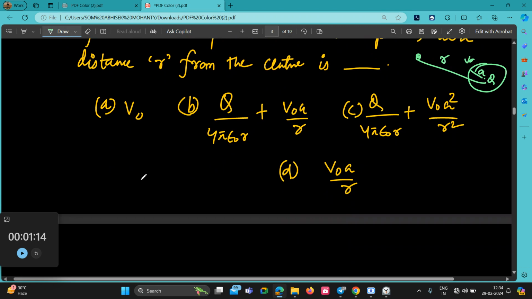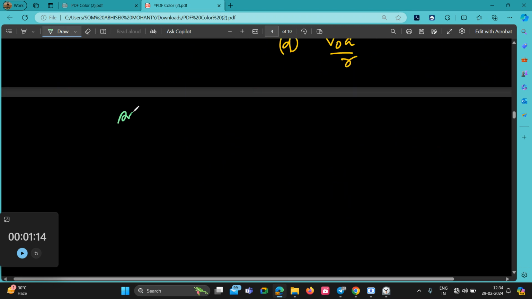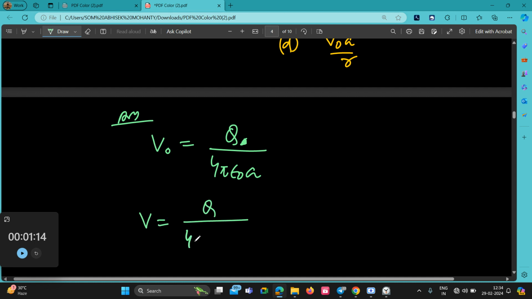So here, charge on the sphere is Q. For a hollow metallic sphere, the potential on the surface is Q by 4 pi epsilon naught A, because of the radius. But for a distance r, the potential will be Q by 4 pi epsilon naught r, isn't it?